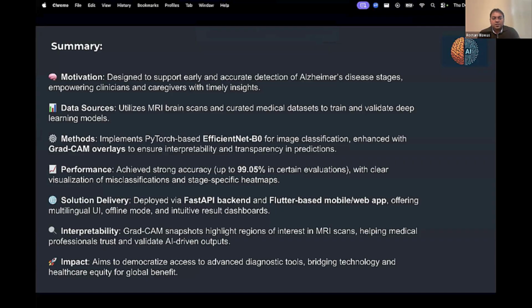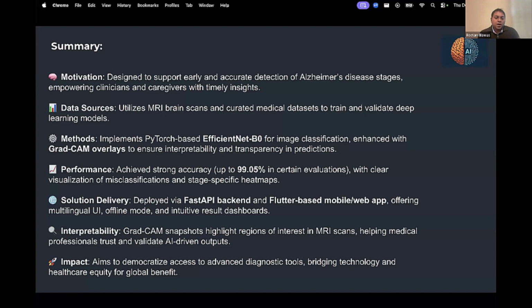Also, as I said, the data source is quite important to make a good trained model, where these MRI scans are a key factor here. And the method I used is EfficientNet B0. It's part of one of the CNN models we have.